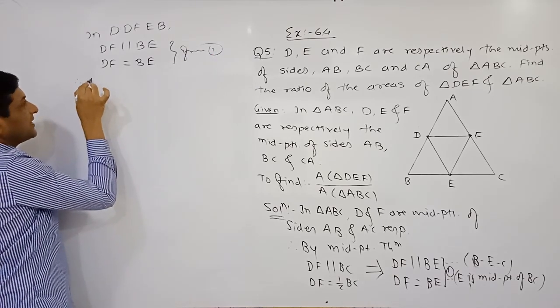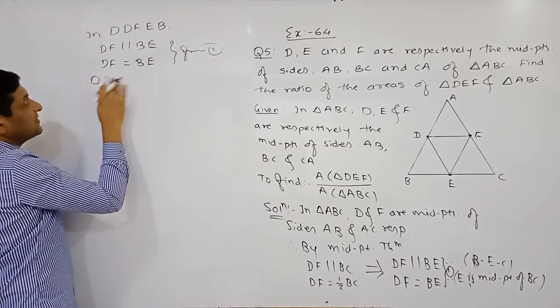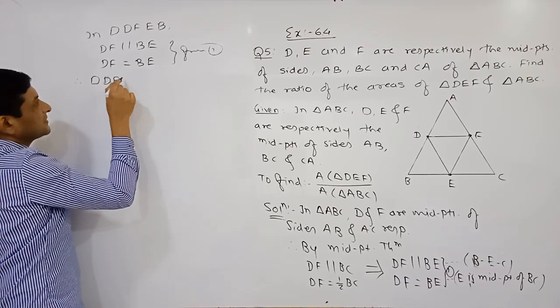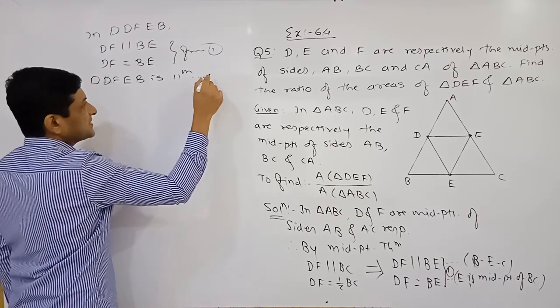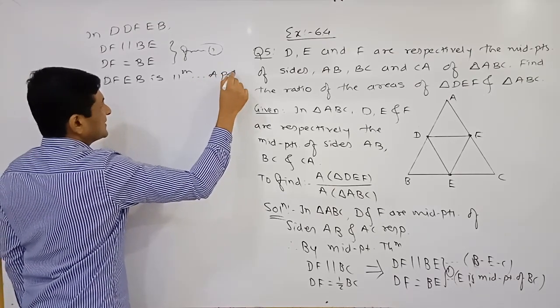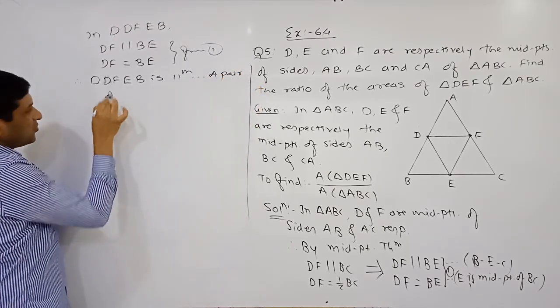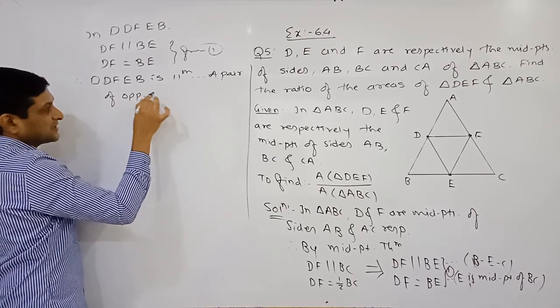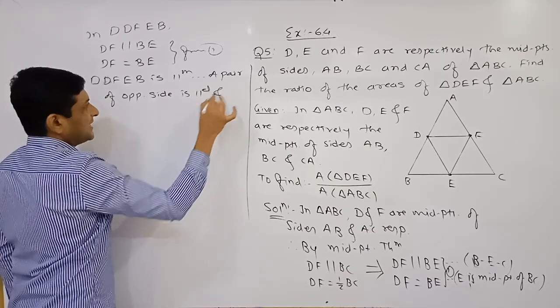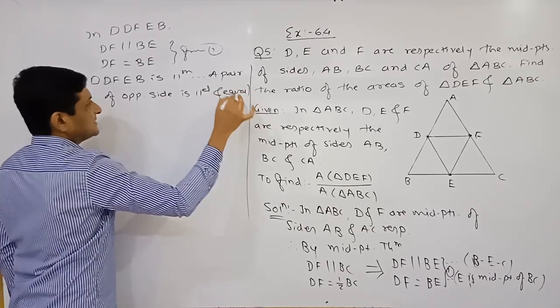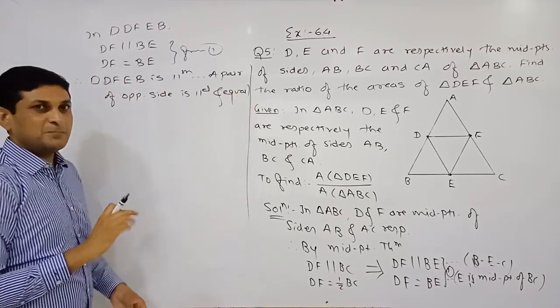So therefore quadrilateral DFEB is a parallelogram. The reason is that a pair of opposite sides is parallel and equal, and that's why this quadrilateral becomes a parallelogram.